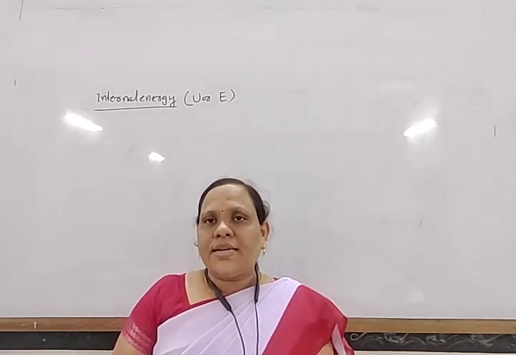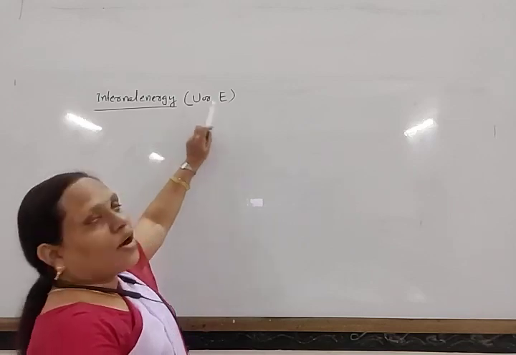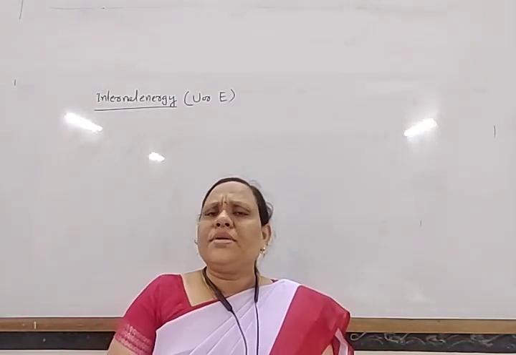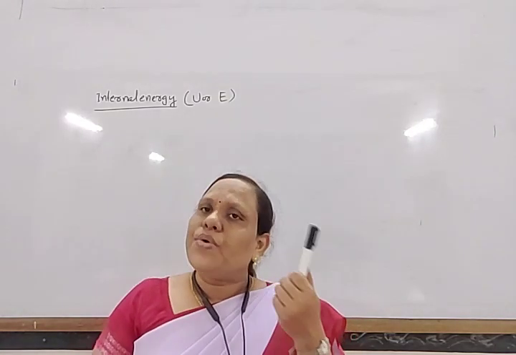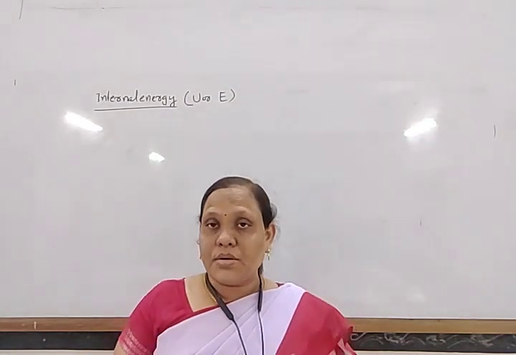This internal energy is represented either by the letter U or by the letter E. The absolute value of internal energy cannot be determined, that is, how much energy is stored in a system cannot be determined.